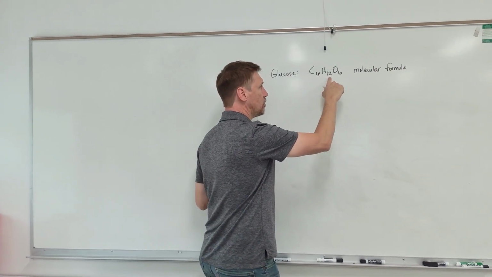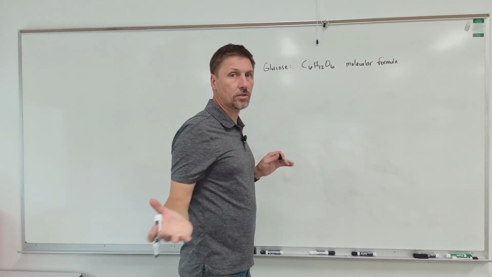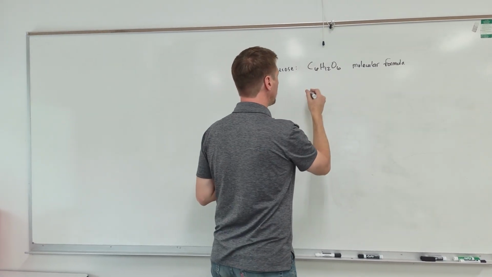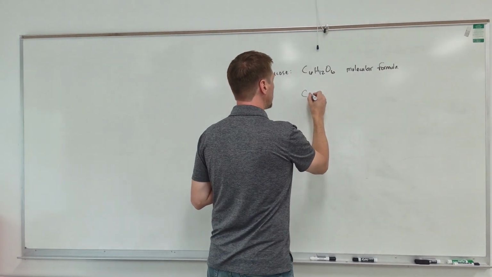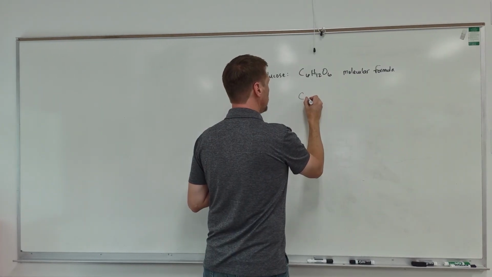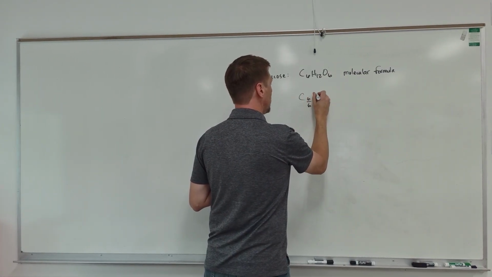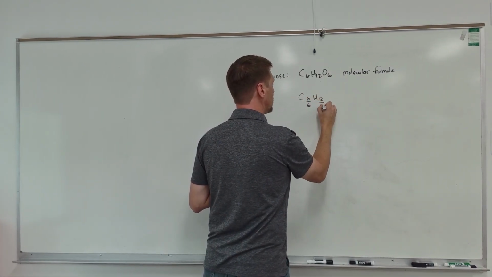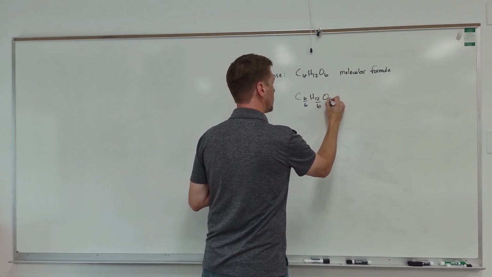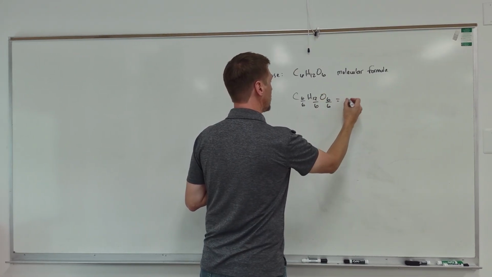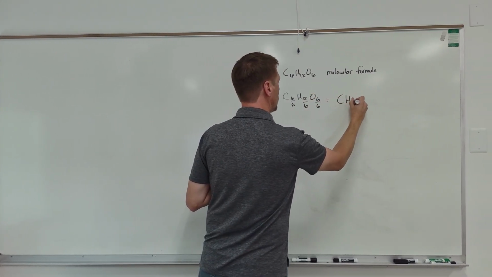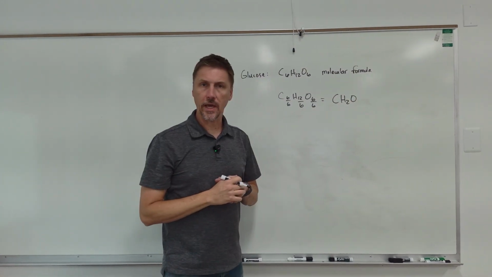This has a 6, a 12, and then a 6. All three of those numbers are divisible by 6. If we divide each of them by 6, we get C: 6 divided by 6, H: 12 divided by 6, O: 6 divided by 6, and that's going to equal CH2O.